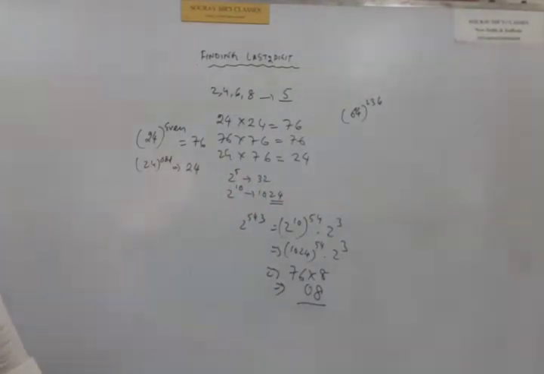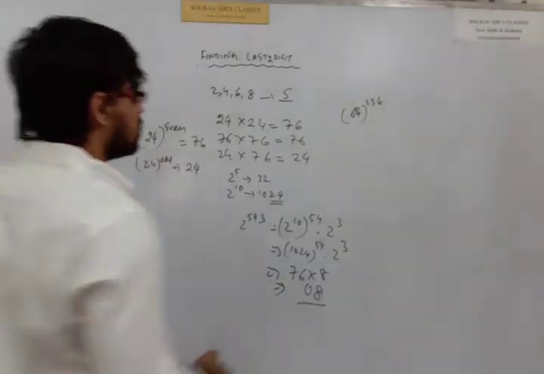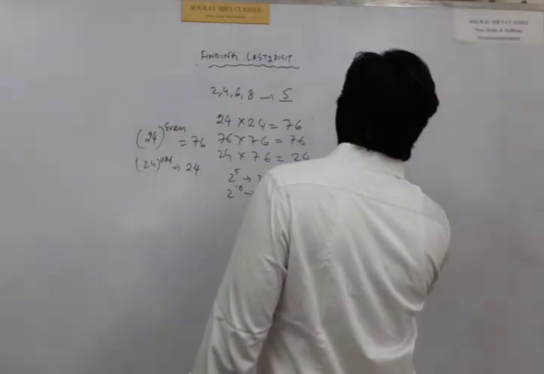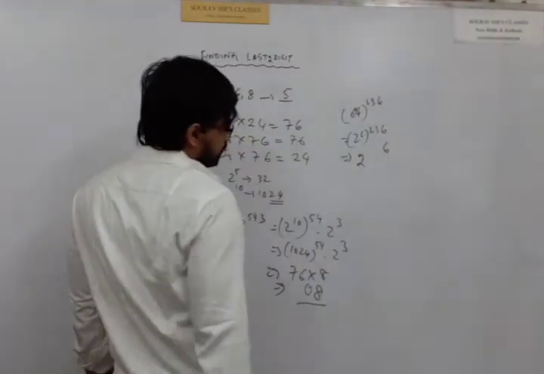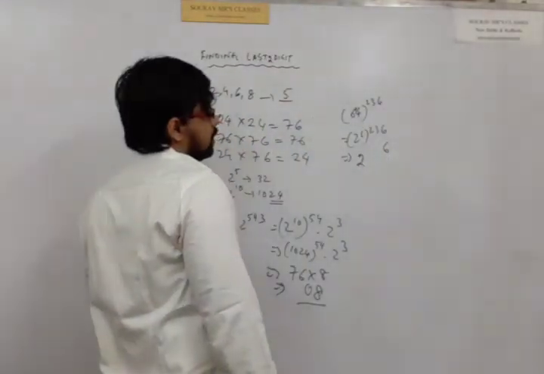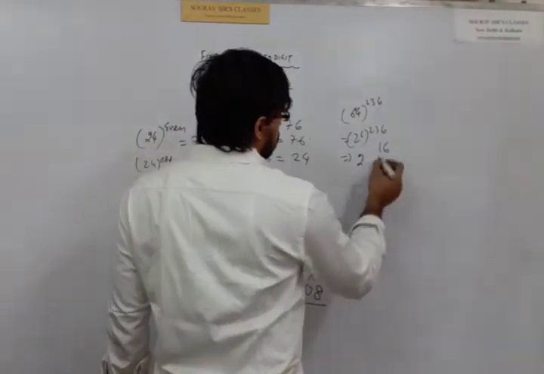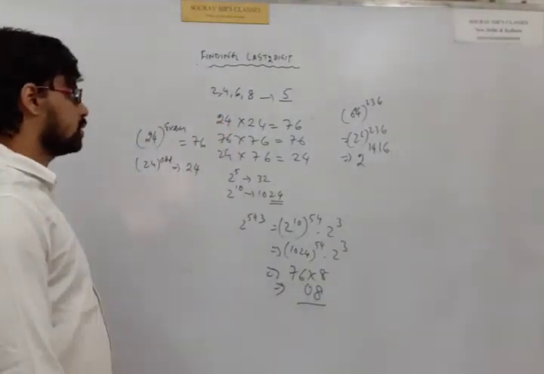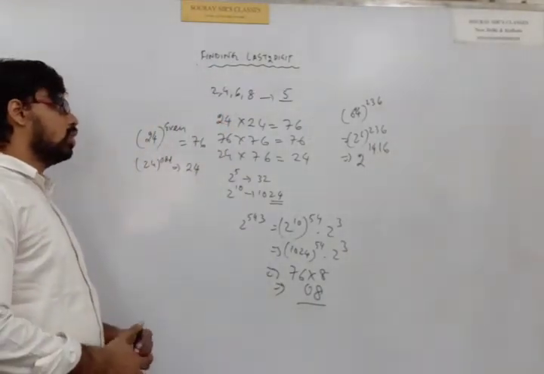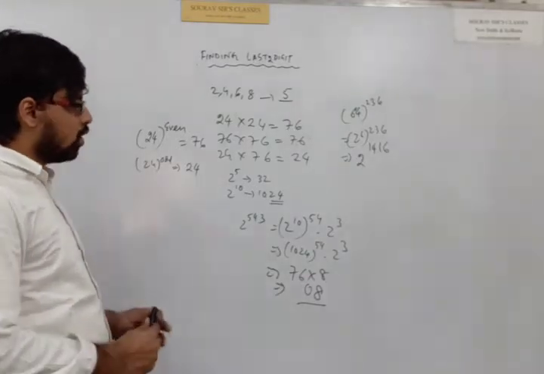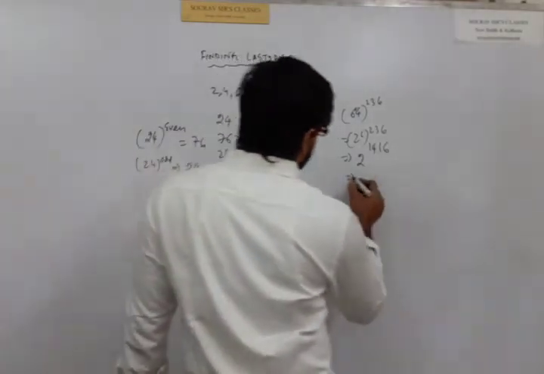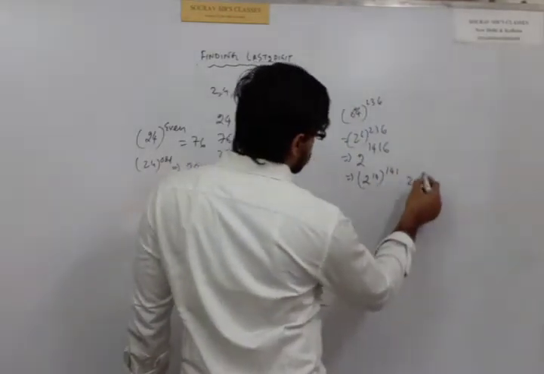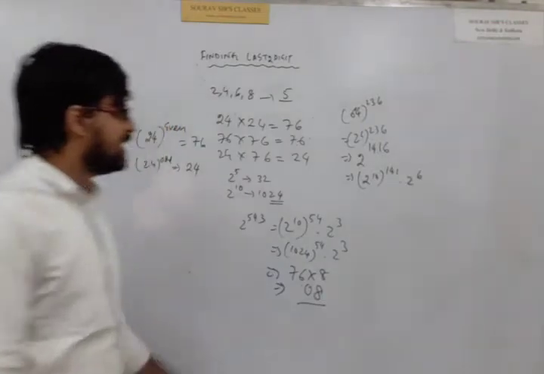So 64 is 2 to the power 6, into 236, which gives 1416. Okay, so now all you have to do is the same thing. Let's put it as 2 to the power 10, and this is 141, so 1410, and 2 to the power 6. That's it. Easy to go from here.